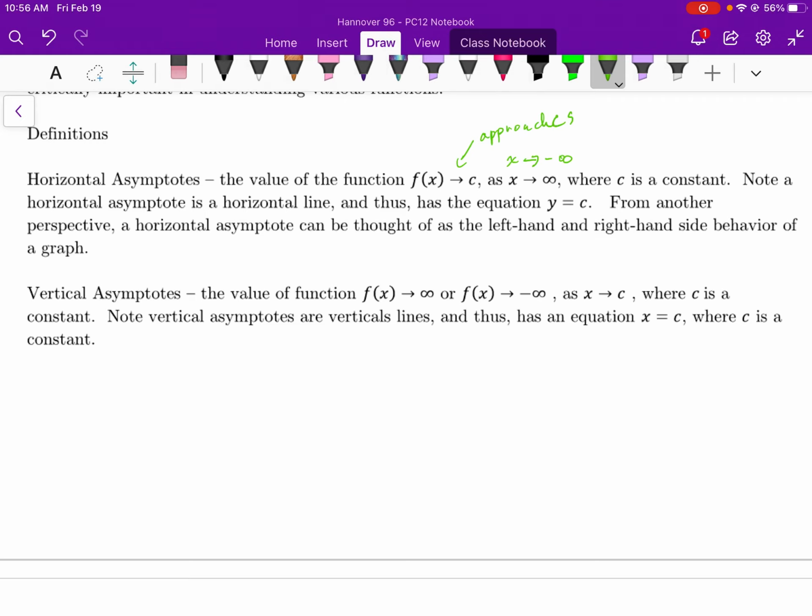Note, a horizontal asymptote is a horizontal line, and thus has an equation of y is equal to c, where c is a constant. Another perspective, a horizontal asymptote can be thought of as the left-hand and right-hand side of the behavior of a graph.